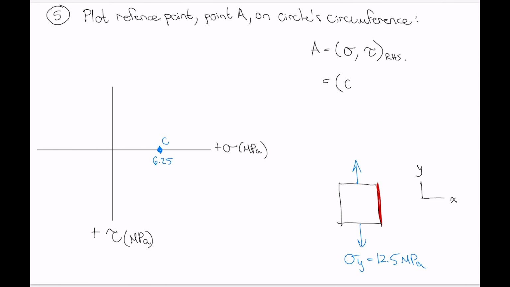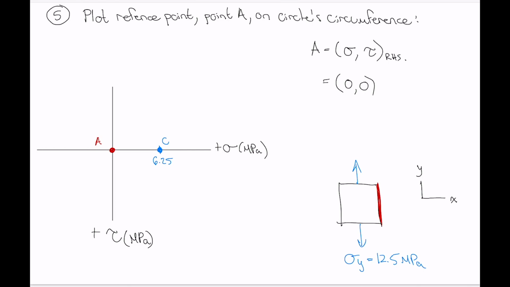There's no normal stress, and there's no shear stress on that right-hand side. So that gives the coordinates of our reference location, point A. So here is point A, right at the origin, 0, 0. And maybe I'll do that point in red just to emphasize that that's our reference location, point A.